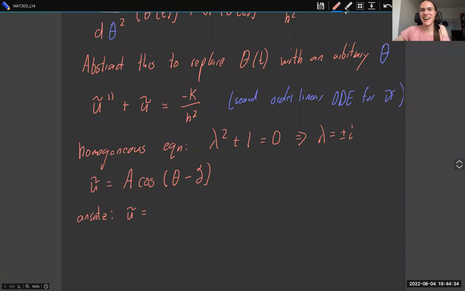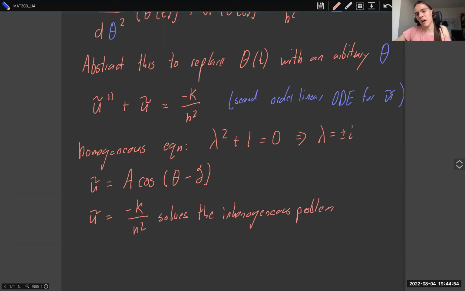So actually, u tilde is equal to negative k over h squared solves the inhomogeneous problem, by inspection.